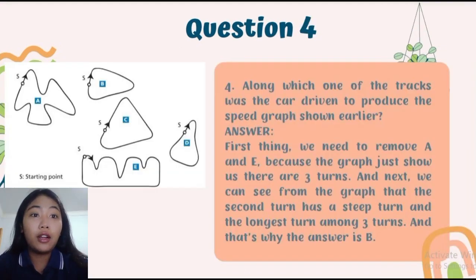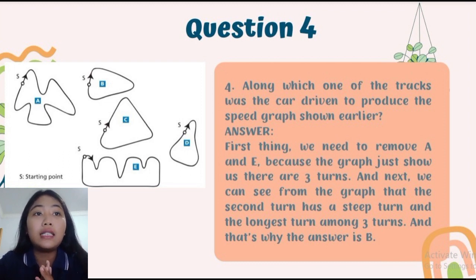And let's move on to the last question, question number 4. There are 5 tracks, A, B, C, D, E. Along which one of the tracks was the car driven to produce the speed graph shown earlier? Let's analyze one by one. First, we need to remove A and E, because the graph just shows 3 turns, as I said earlier.